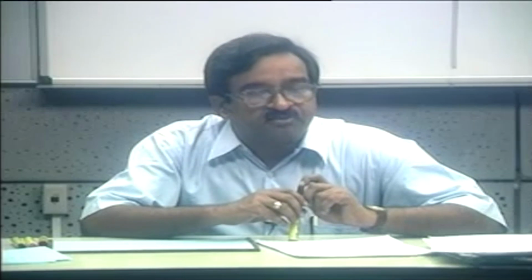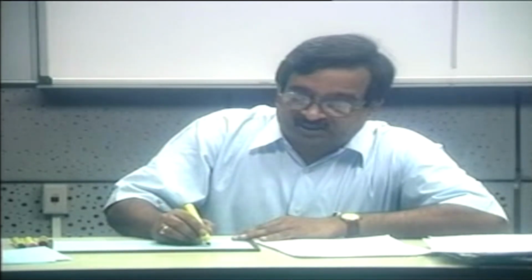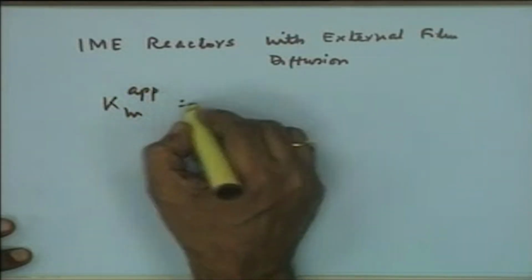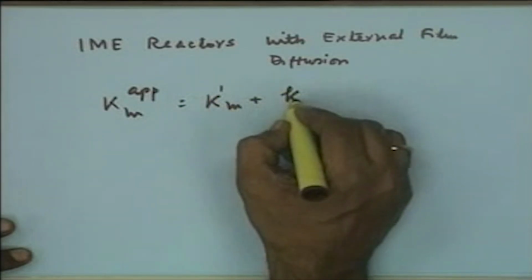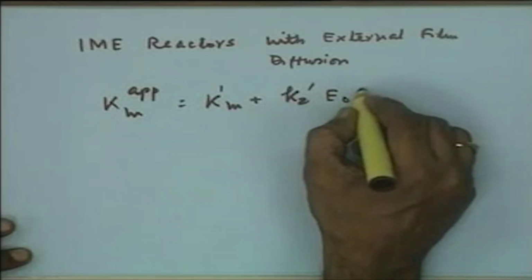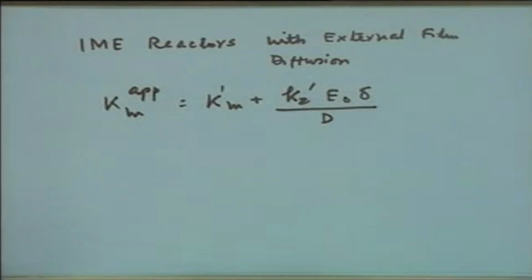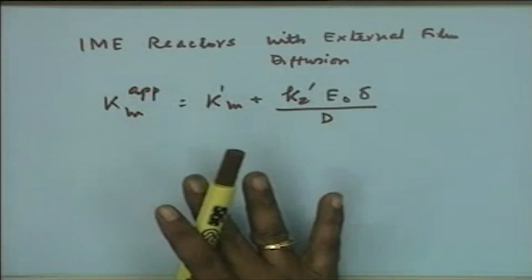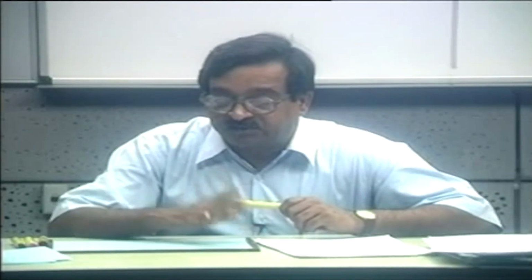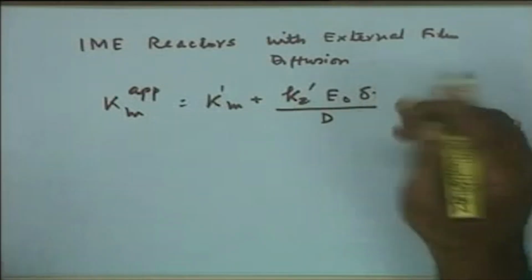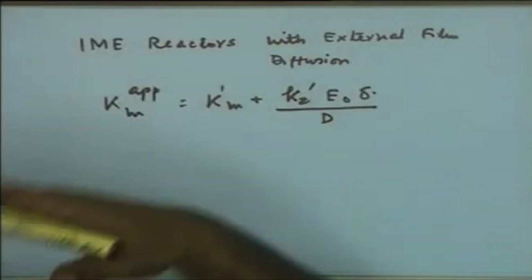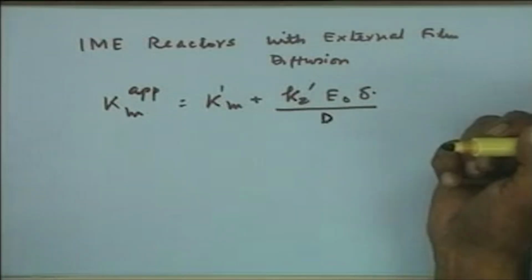Now in that case, one of the empirical methods to determine the Km apparent was given as Km apparent equal to K'm plus K2' E0 delta upon D. So, purely an empirical solution to describe the problem, that means the Km apparent will be dependent on the thickness of the film, logical, because the bigger the thickness, the mass transfer resistance will be more, and D is inversely proportional to the rate of diffusion. That is also quite obvious.